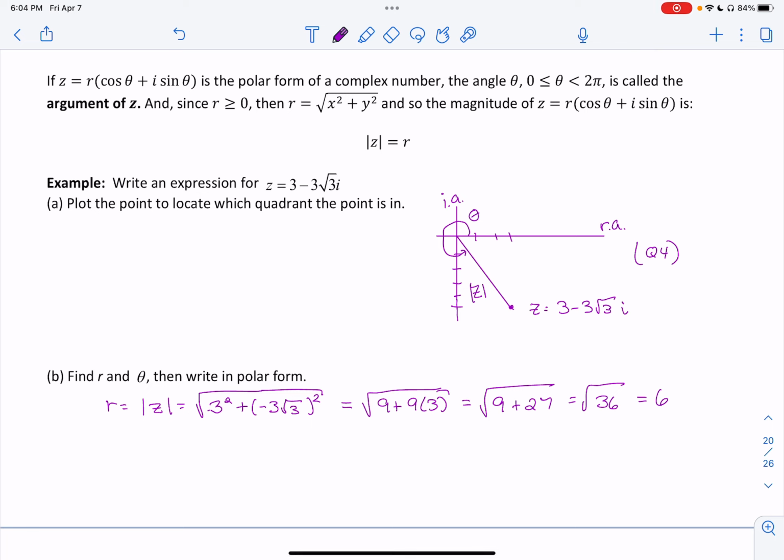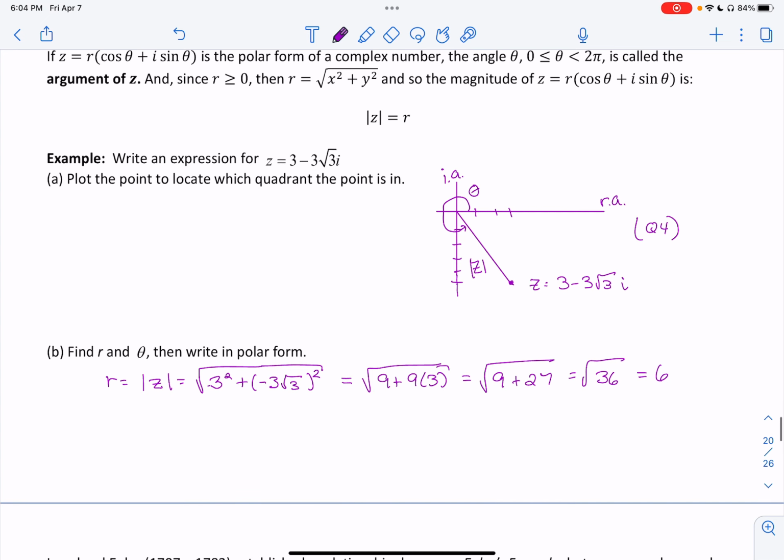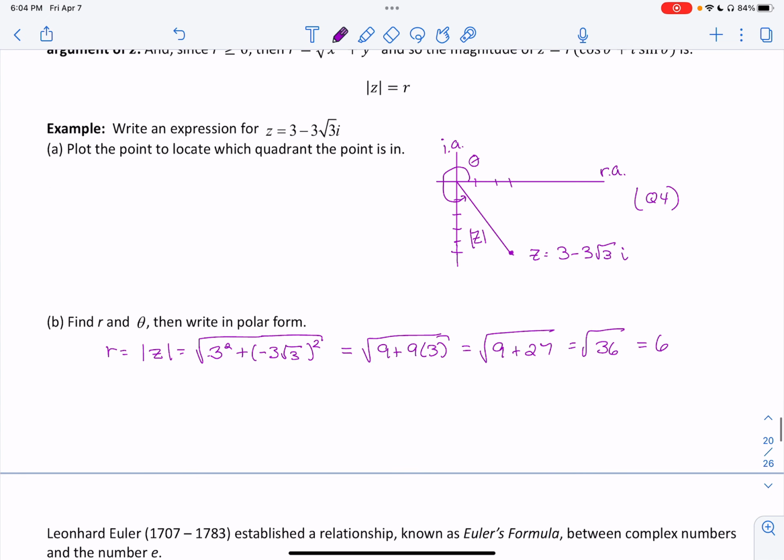All right, handy dandy. And then the second thing that we can do is calculate. So I'm going to have cosine theta, for my case, just because I like that real number, is equal to 3 over 6, which is equal to 1/2.